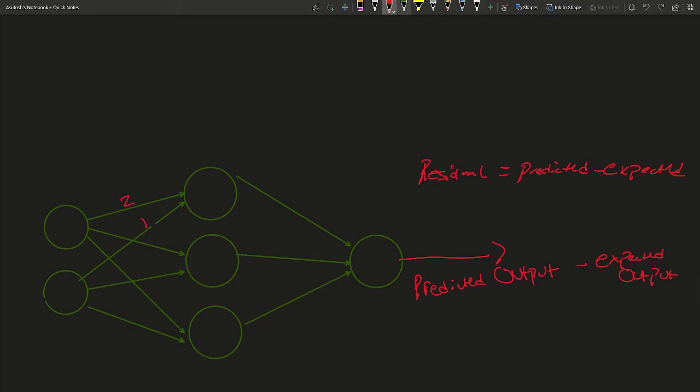That's the weight connection between this neuron and this one, and 1 is from this neuron to this neuron. Let's use tan. Okay, so this could be -1, and this could be, let's say, 0.